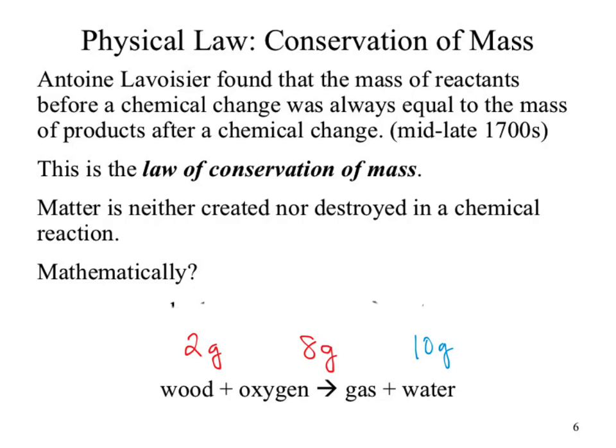Okay, so let's try a new one. 8 grams of wood, 2 grams of oxygen. How much gas was formed? Why the long pause? I mean, we got 10 grams for the last one pretty quickly.